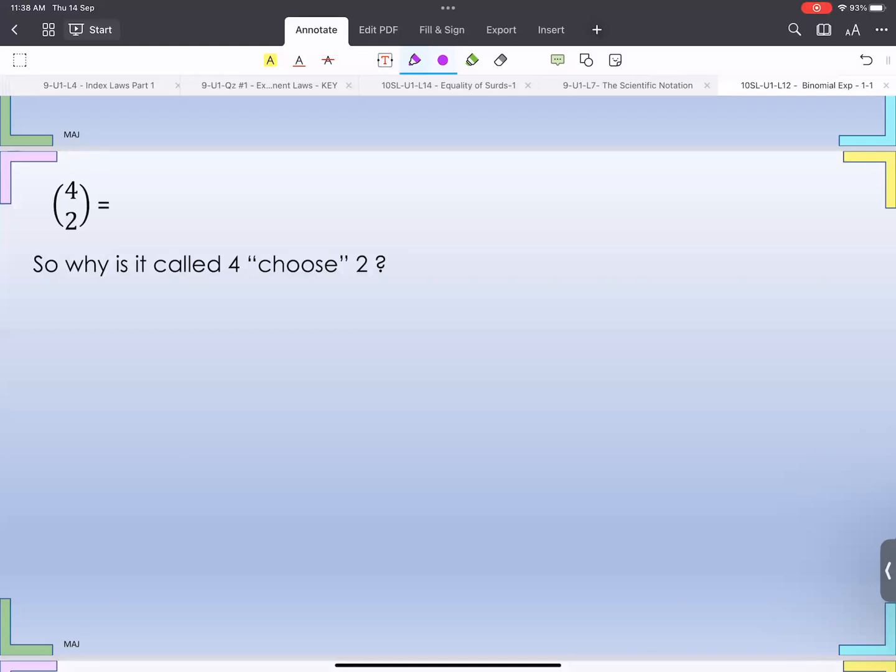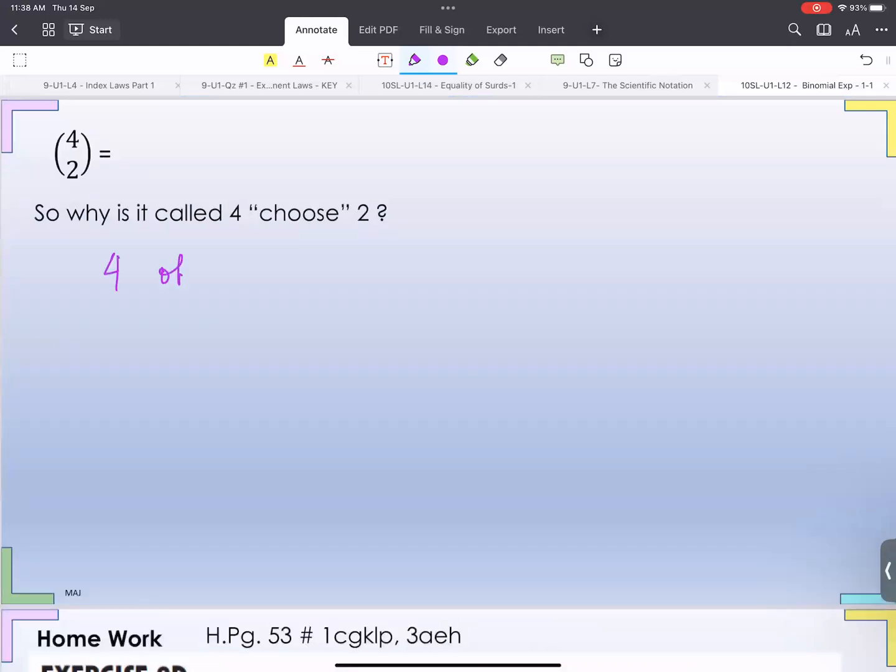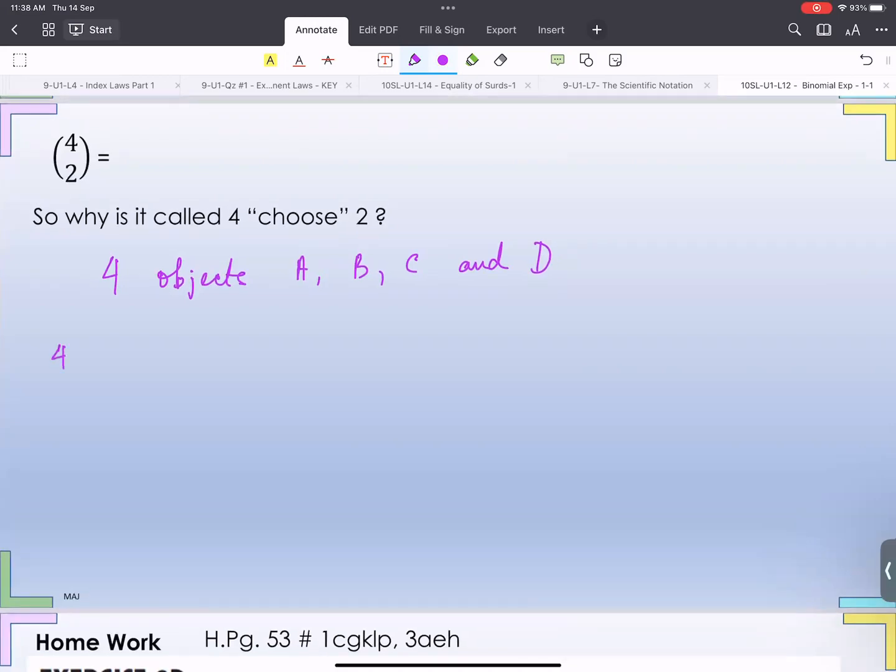Let's say I have 4 different objects. I'm going to call these 4 objects, creatively, A, B, C, and D. Now, if I have to choose only one object out of these 4, that is 4 choose 1.